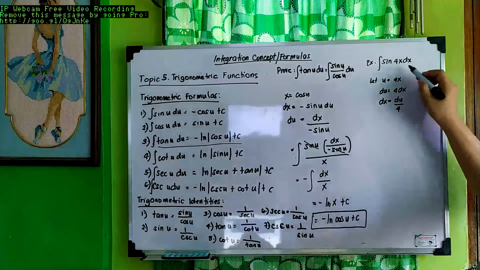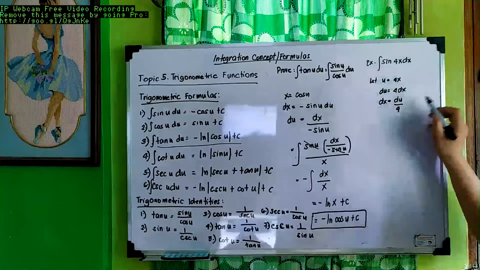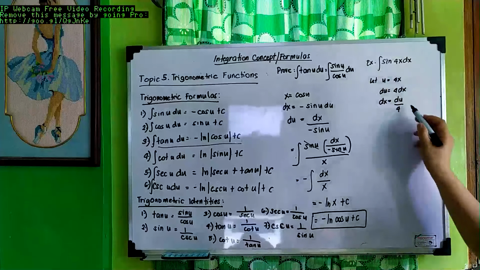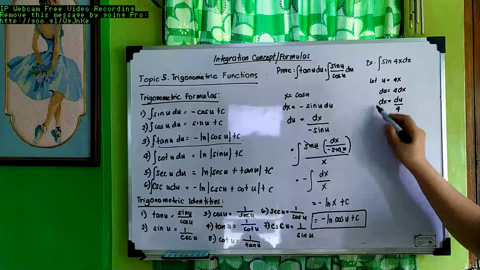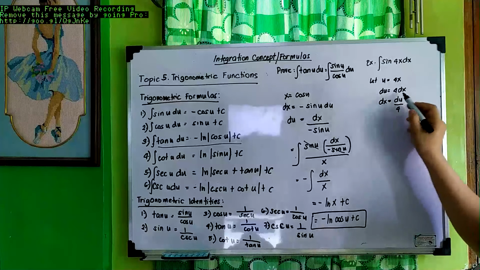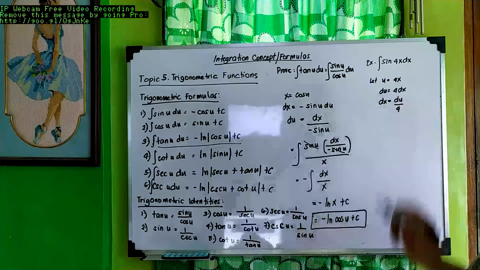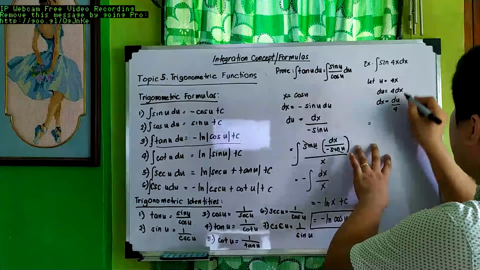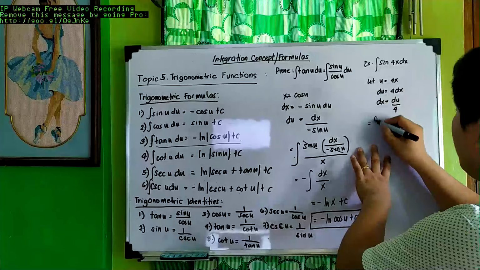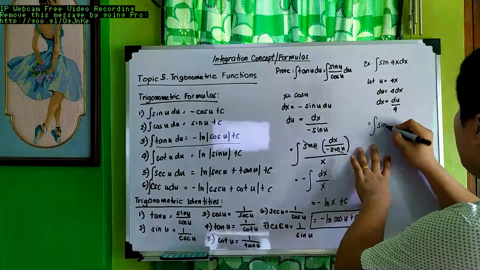So you tell them, in order to balance this and that, you need to put values here and there. So for that to be answered clearly, that's why I get the value of the dx. So now, you need to substitute this one into the given. So you will have sine, what is 4x?